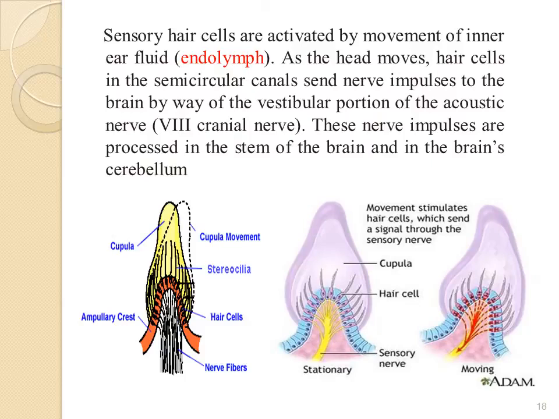These nerve impulses proceed to the brainstem and the cerebellum. This is the brain, and this is the nerve impulse. After movement stimulates the hair cells, they send a signal through the sensory nerve to the brainstem and cerebellum to recognize the rotation or movement.